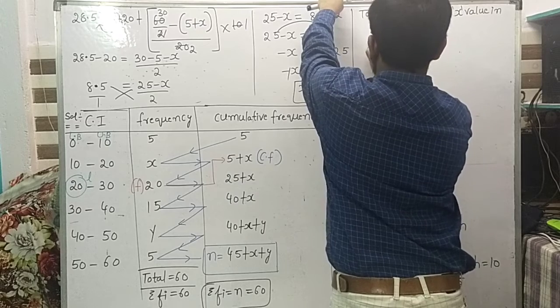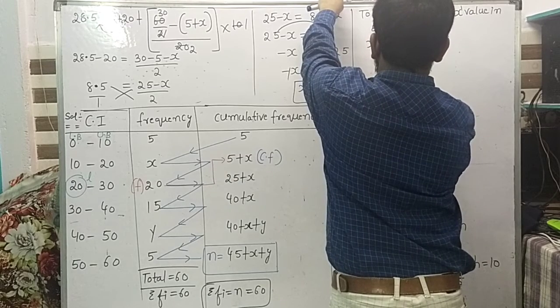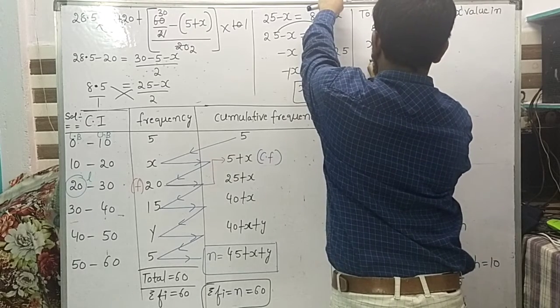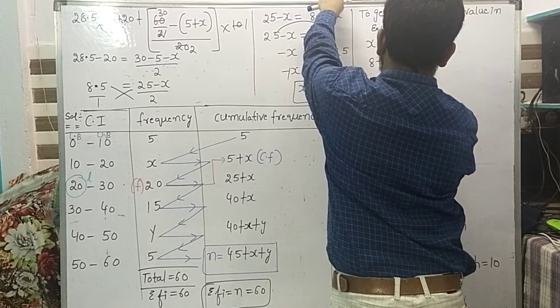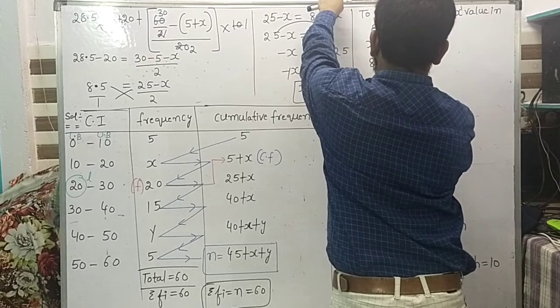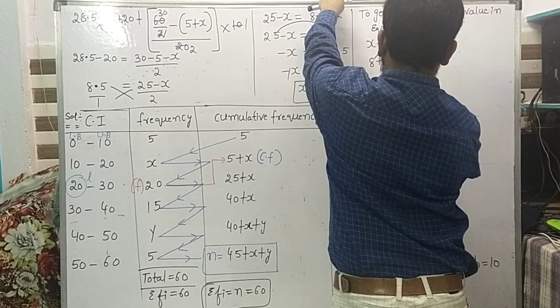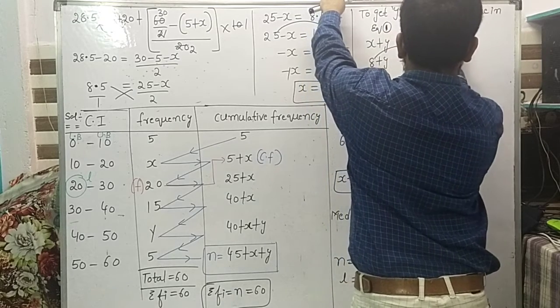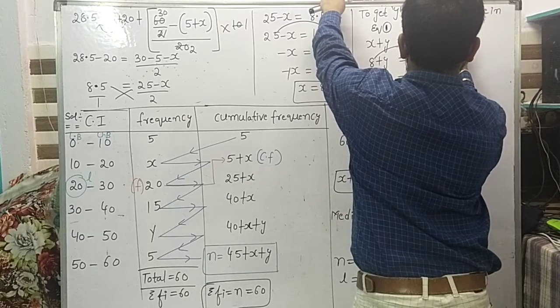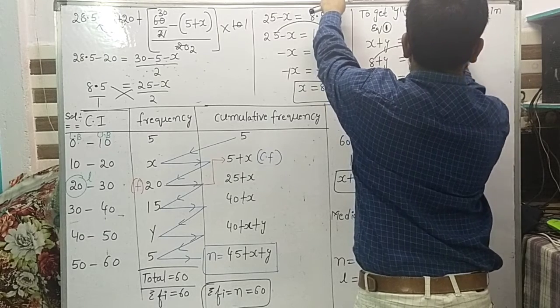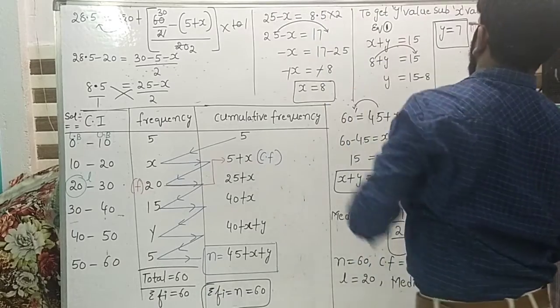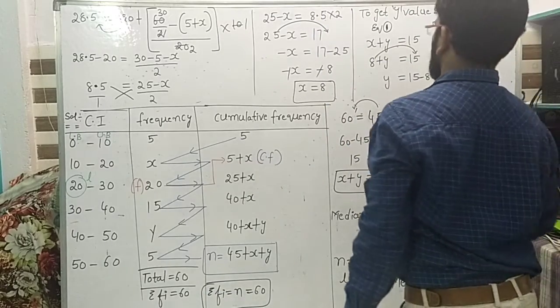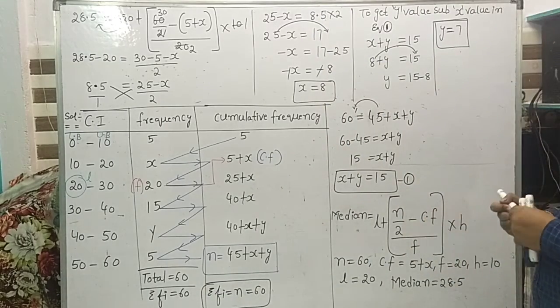So x plus y equals 15, which means 8 plus y equals 15. The 8 goes to the other side and becomes minus, so y equals 15 minus 8. Therefore y equals 7.